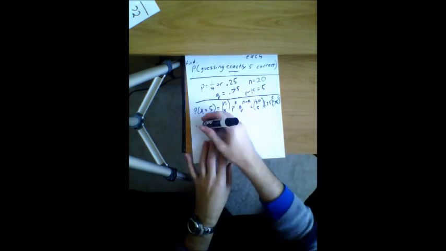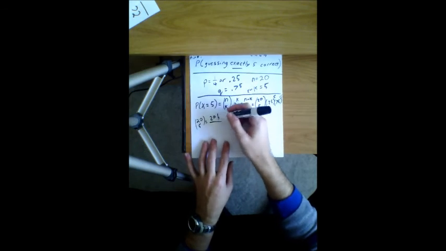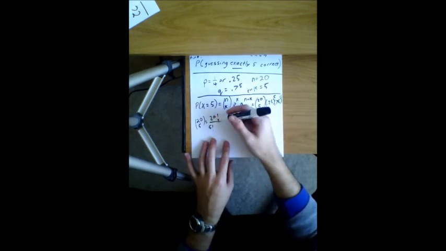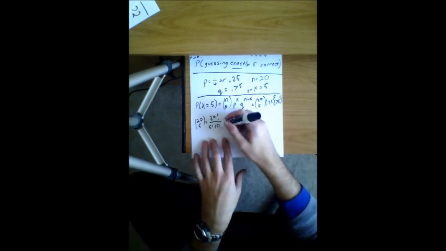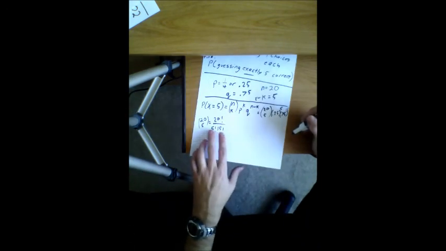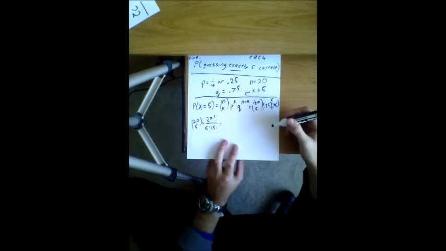Just like before, let's do 20 take 5 out to the side. It's 20 factorial all over 5 factorial times 20 minus 5, which gives us 15 factorial. These things always add up to give us that. We can do a little bit of cancellation here.